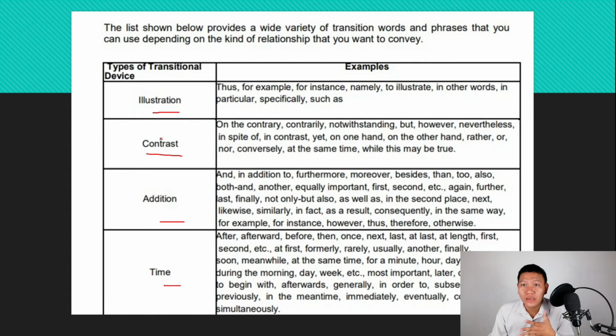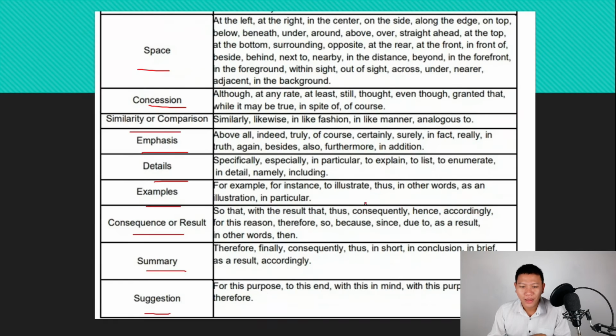Let's say, how do you illustrate? So you would say, for example. How do you contrast? On the contrary. In addition to the first idea, so this is an example of addition. First, second, third, so they talk about time. At the left, at the right, on the side, along the pavement, along the way, and so on.